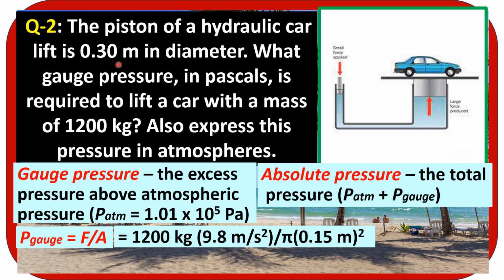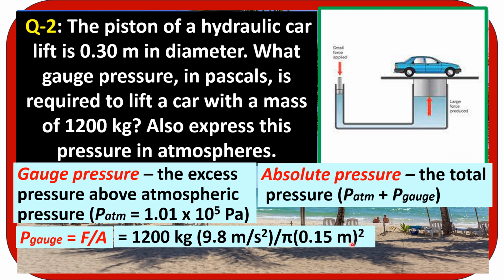What's given here in the problem is the diameter of the big piston, equal to 0.30 meters. So half of that is 0.15 meters, which is the radius. So just get the square of the radius and multiply that by the value of pi, 3.1416.